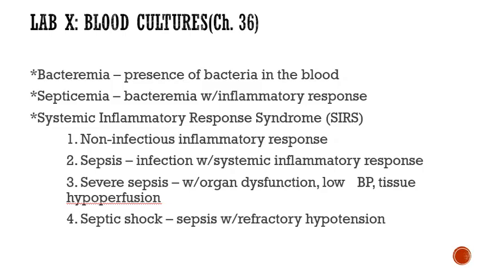And then the final stage of that continuum is septic shock, where you have sepsis including refractory hypotension. So refractory is just a term used to mean when something is not responding to treatment. So this would be the patient has hypotension not responding to treatment.